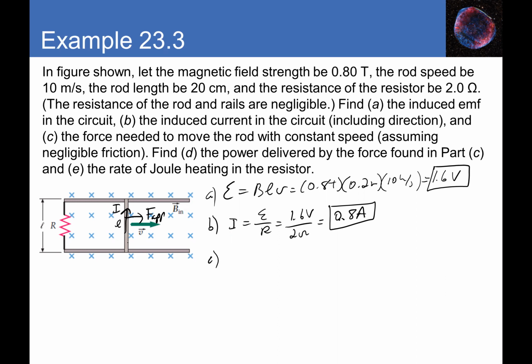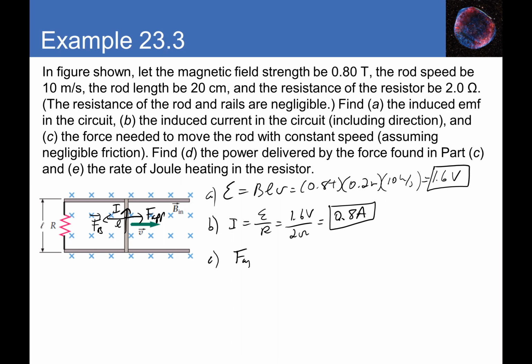You can see, your fingers up in the direction of the current, you curl in the direction into the page, into the magnetic field. You can see that there is a magnetic force acting on that movable conductor that is to the left.